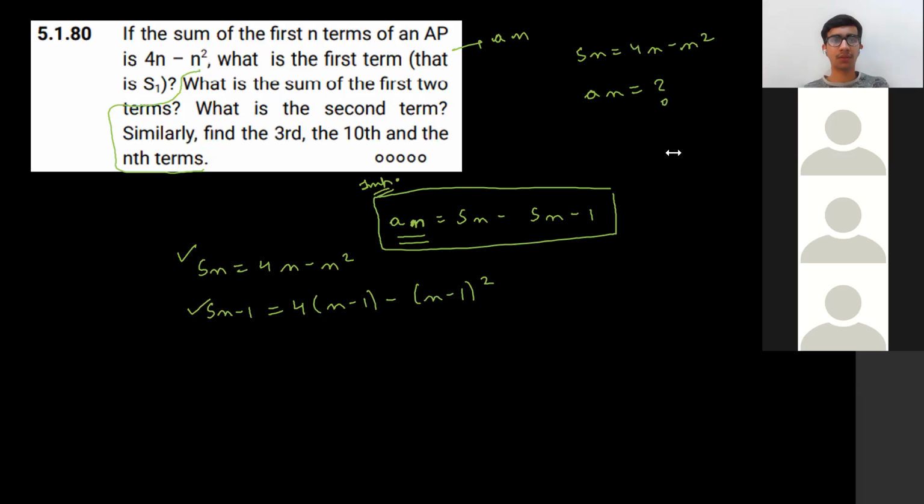Okay, the ones who have calculated the nth term in terms of n can go on and solve this question, like sum of first two terms, second term.